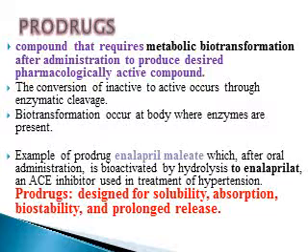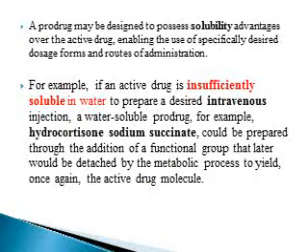We have a different example of a prodrug, for example enalapril maleate, which offers oral administration and is bioactivated by hydrolysis to enalaprilat, an angiotensin converting enzyme inhibitor. Prodrugs are designed for different reasons, like solubility, absorption, biostability, prolonged release and so on.